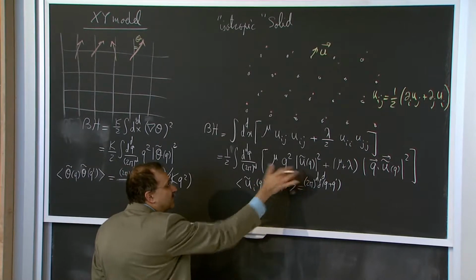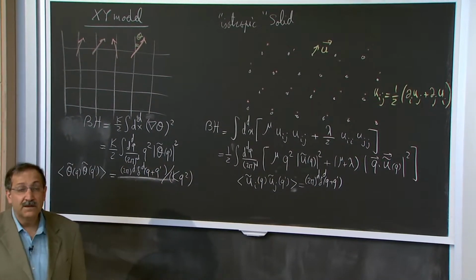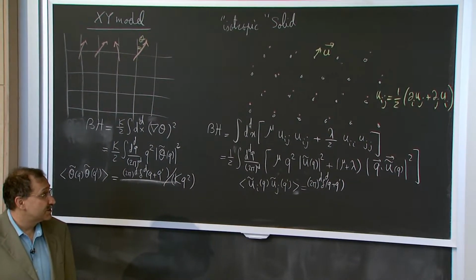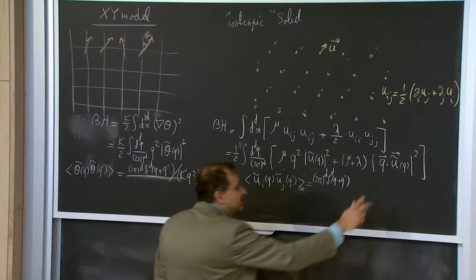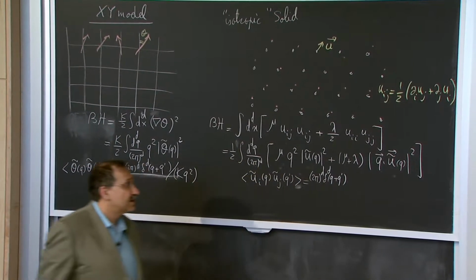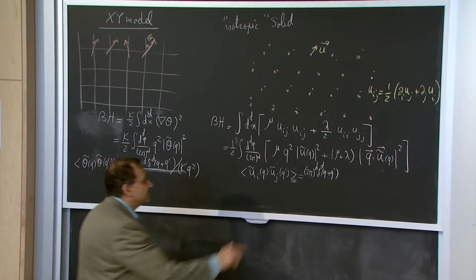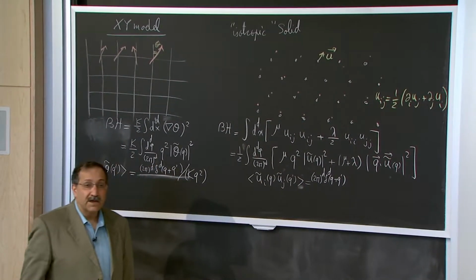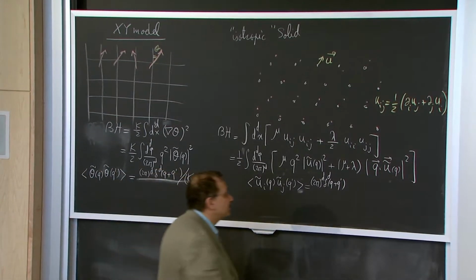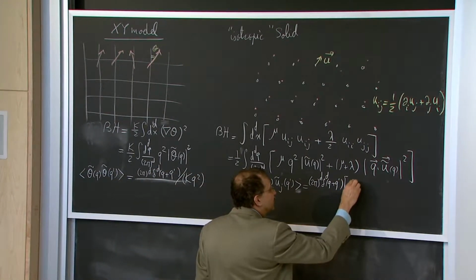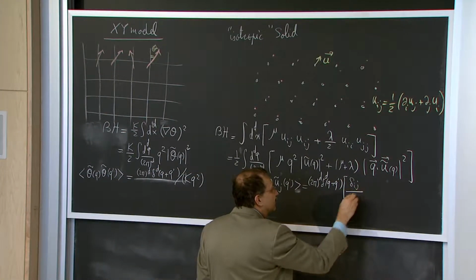If this term was the only term in the story, that is, if we were dealing with vectors q and u that are orthogonal to each other, then we would just get a 1 over q squared. And so there is actually a term that is like that.